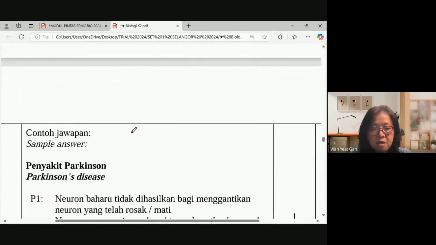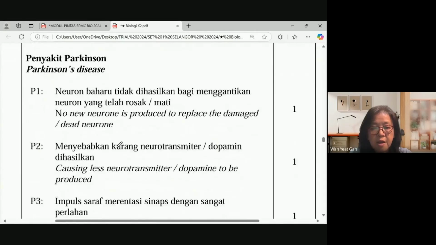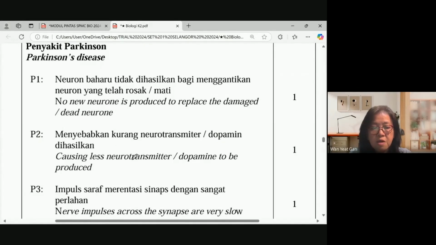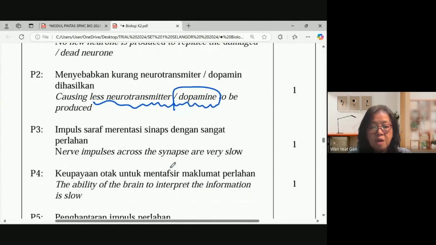Parkinson disease actually affects the neurons in the brain. One of the reasons that causes Parkinson is less neurotransmitter, and the neurotransmitter is actually dopamine. If there is less neurotransmitter, that means the nerve impulses that can be generated are slower.